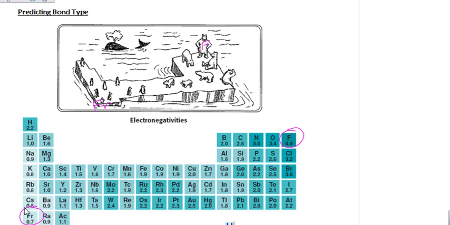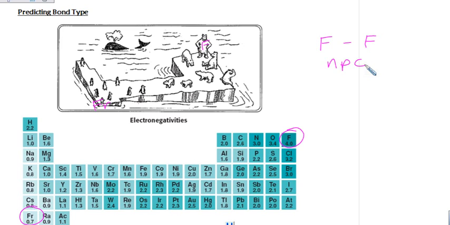If you have the same atom bonded to itself, like fluorine bonded to fluorine, of course they're going to share the electrons equally. They have the same electronegativity value. This would be nonpolar covalent. Best example, diatomics, the same atom bonded to itself.